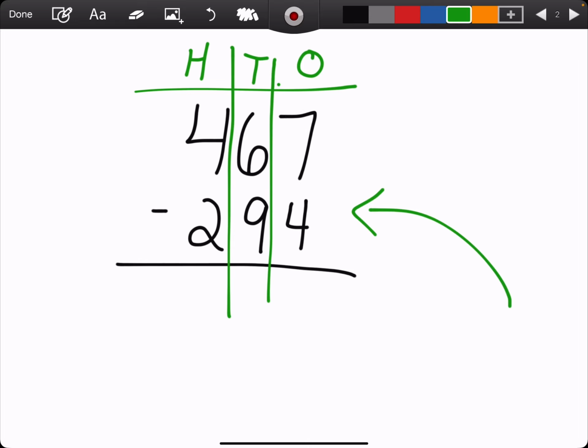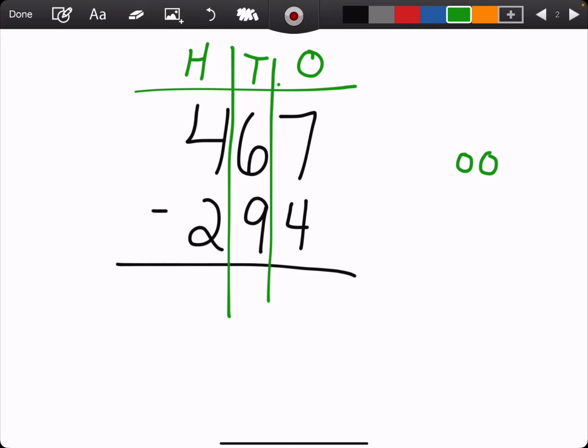All right, so I'm always starting all the way to the right. I'm in my ones place, and I'm going to ask myself when I'm subtracting, am I able to subtract 7 minus 4? Or can I take 4 away from 7? So you can draw your place value discs if you need.